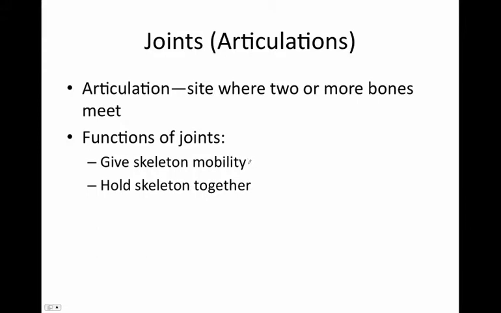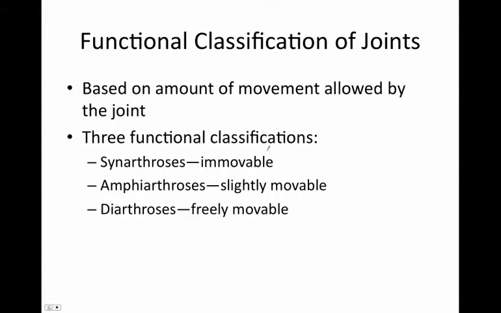So we need to take a look at how we simultaneously have mobility and we're stabilizing the skeleton, or holding it together. So within that, we get into these functional classifications of joints, based on the amount of movement allowed by the joint. The key thing here is movement. Within that, we have three functional classifications.